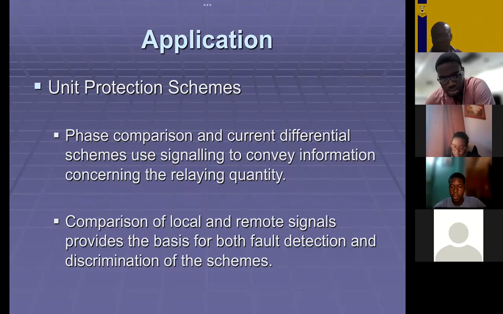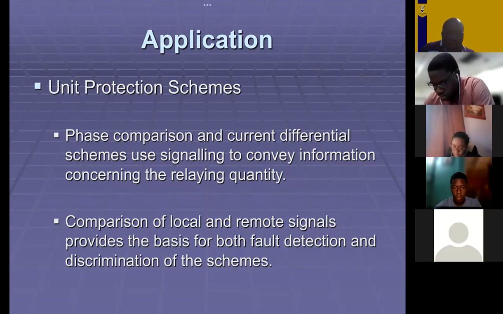In terms of comparing the local and remote signals, we are then able to have the basis on which we not only detect the fault, but also discriminate. All right?